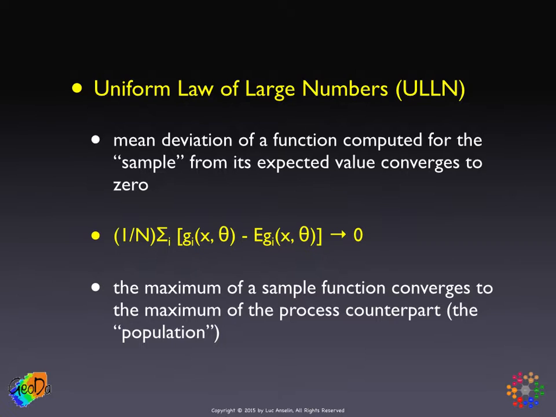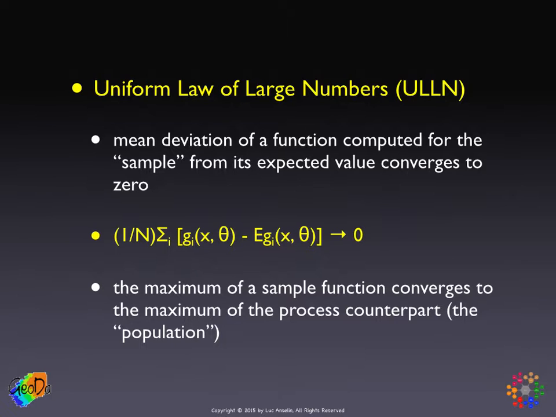So in general, a uniform law of large numbers establishes that as n grows, the average difference between the function value and its expected value, its mean, becomes negligible, goes to zero. In other words, in the limit, this function from the data equals its expected value.